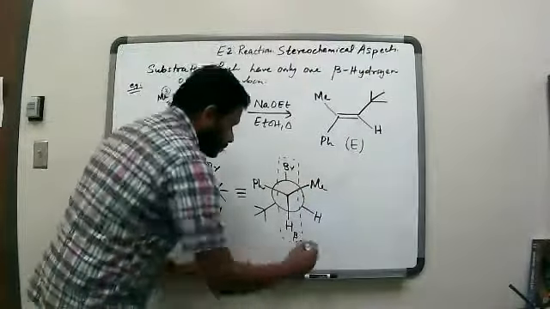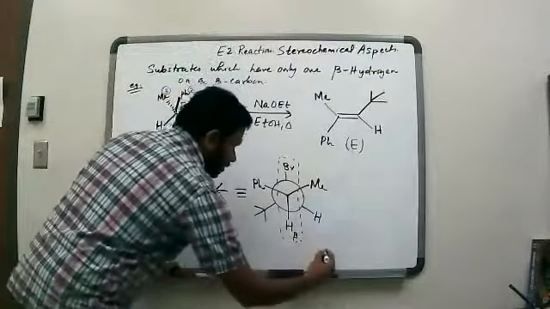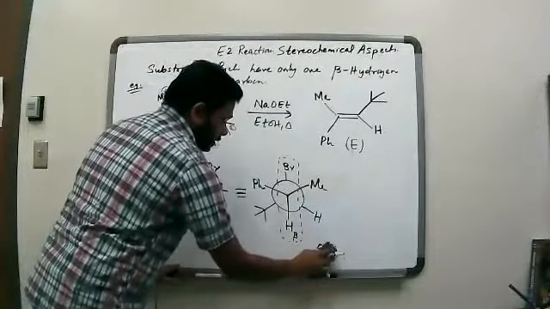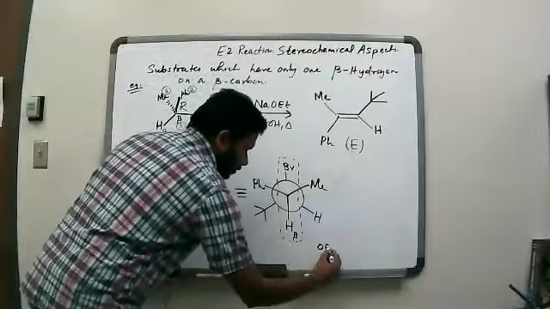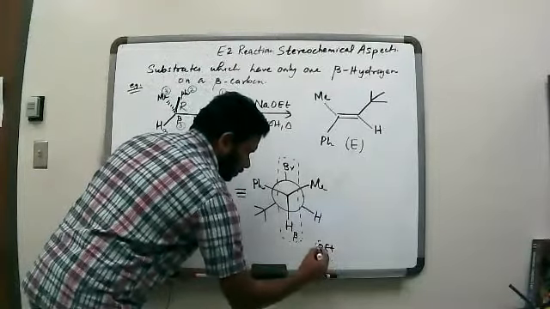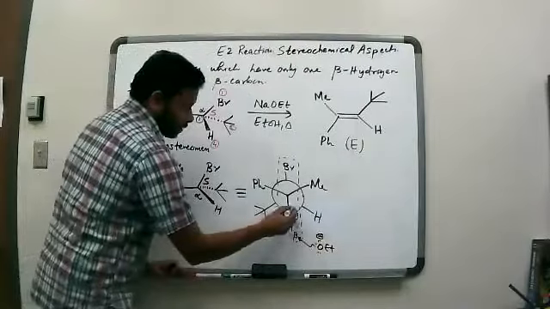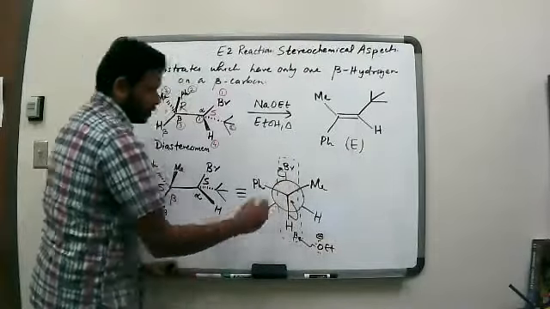So now we have those anti. So what can happen is that our base here, the OEt, can come and deprotonate. Electrons go here, the bromine gets kicked out.